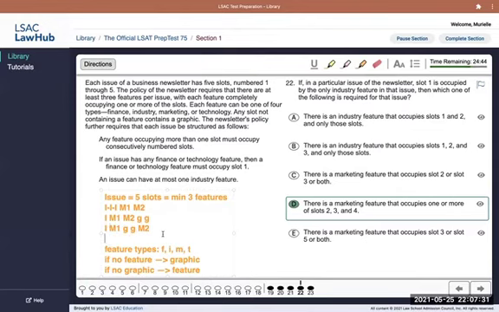I'm not going to be able to get away with putting industry in 1 and then not putting any marketing in 2, 3, or 4. Right? That's just not going to work. That would mean we only have 1 marketing feature, and then we only have 2 features in the whole issue. We haven't met the minimum of 3.